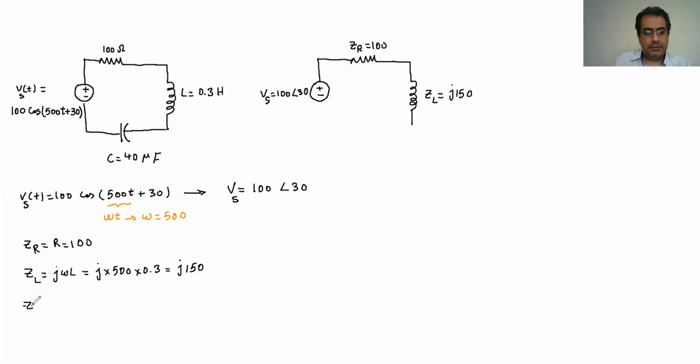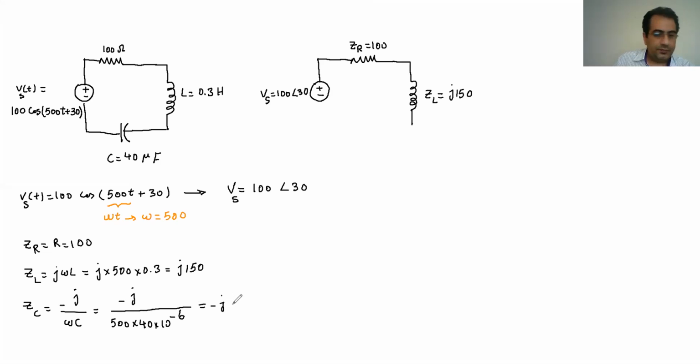So I know the ZC, the impedance of the capacitance, is going to be negative J divided by omega C, not omega L, negative J divided by 500 times 40 times 10 to the negative 6. So if you do the calculation, it should come out as negative J50.